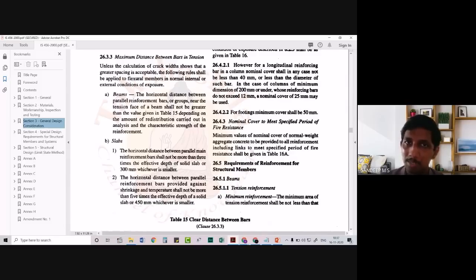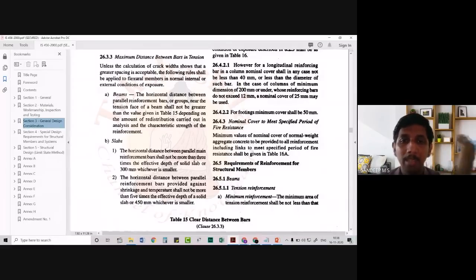In this case our small d is 120 millimeters, so 3 times 120 is 360 millimeter. Then we have one more condition, that is 300 millimeter, and the smaller one compared to 360 is 300. So the maximum limit of the spacing, as suggested by the code, is 300 millimeters, but we have provided only 190 millimeters, so it is safe. This is how you have to perform the check.